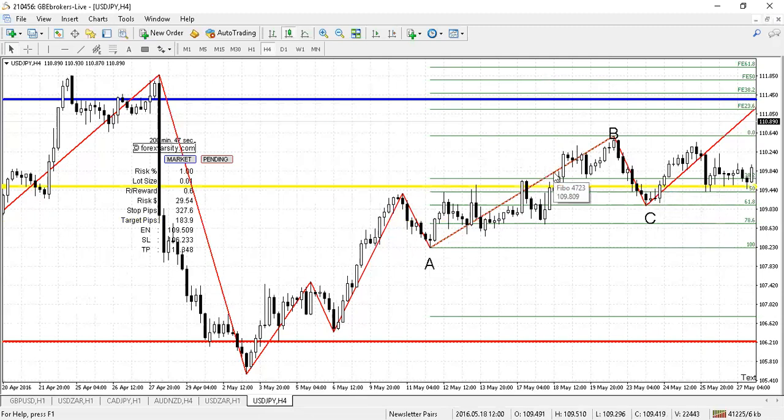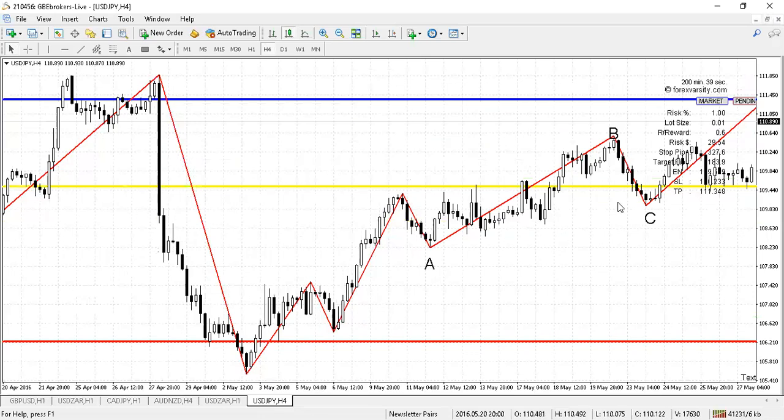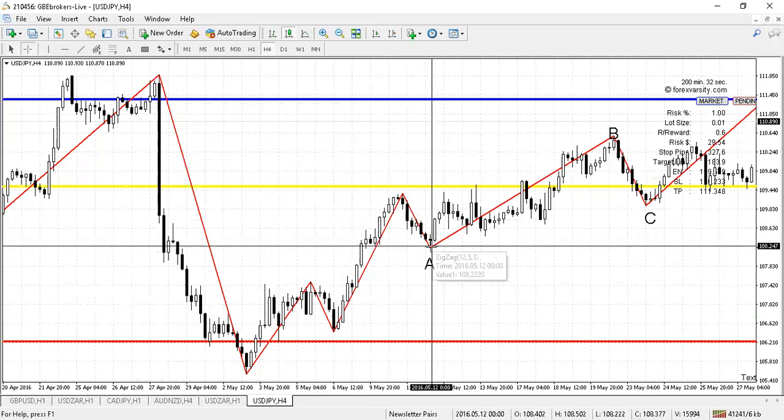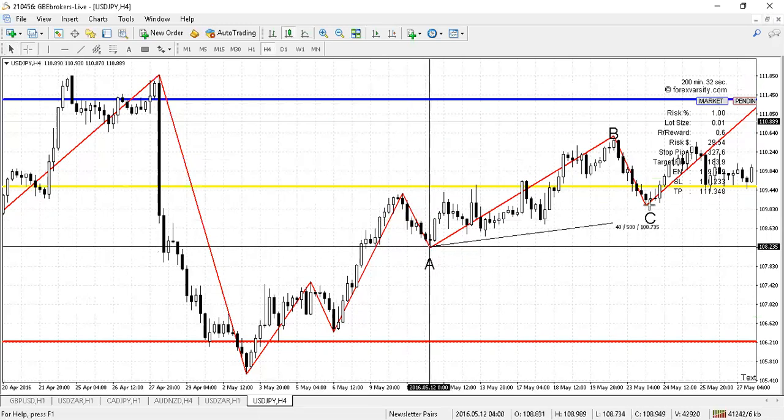So you can do that. Just get rid of this Fibonacci quickly. Okay, you can do that by getting your crosshair tool and measuring from point A through to the point where you enter the trade. So I've got here 128 pips.